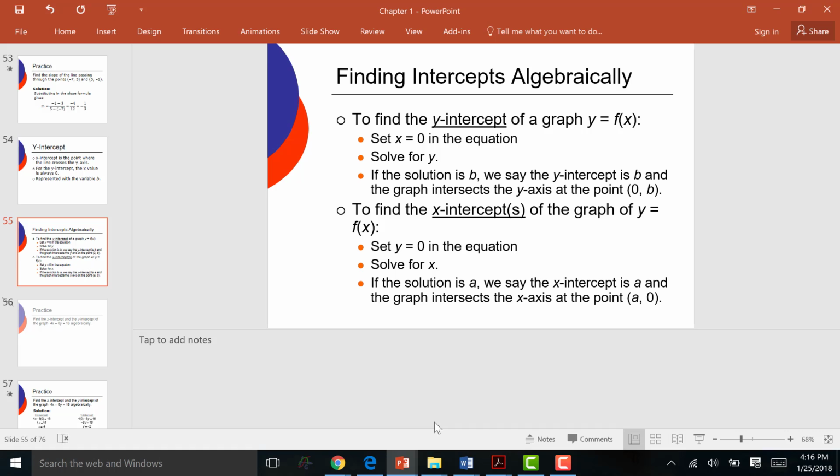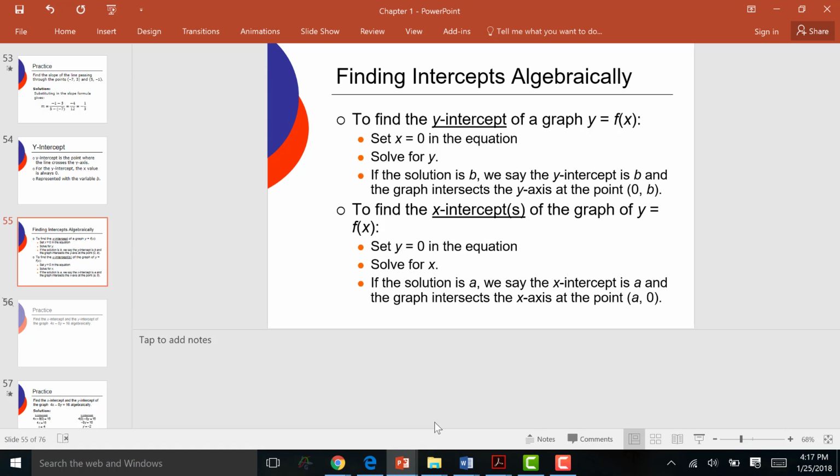So, to find the x-intercept, and I usually abbreviate x-intercept with x-int, what does the first bullet say to do?